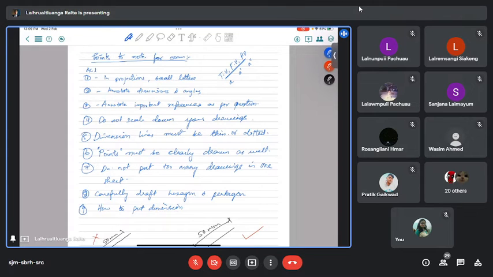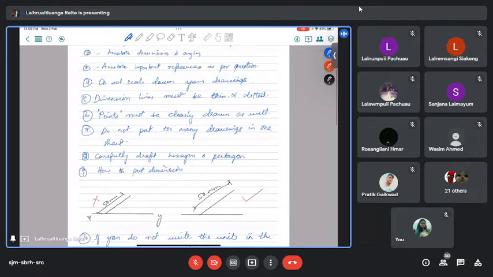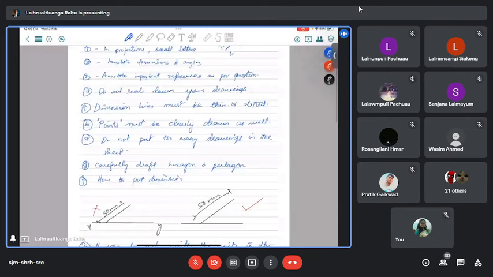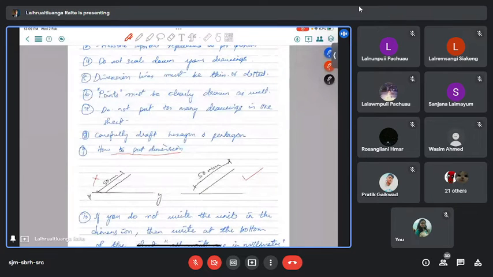And the second point is you have to annotate the dimensions and the angles clearly. Here I have written how to put dimensions. Say this is your line, okay? When you put dimensions, some of you were putting it like this.